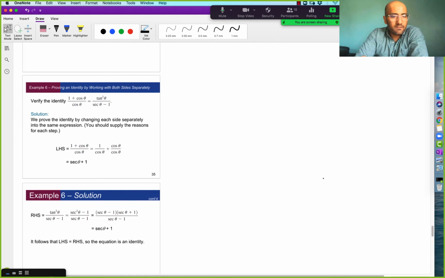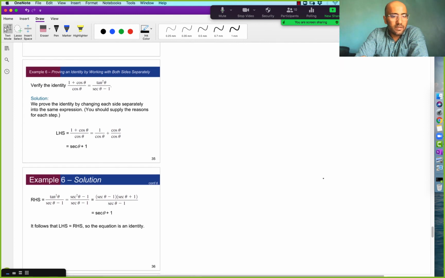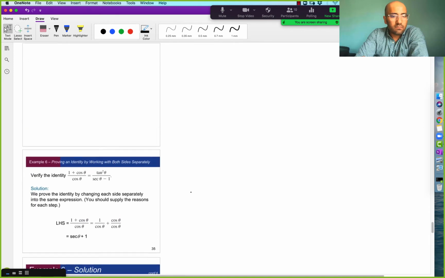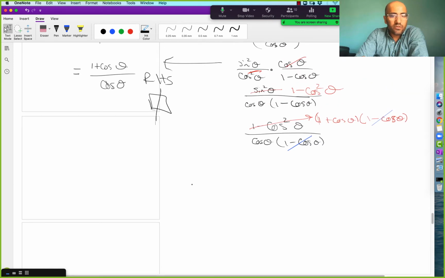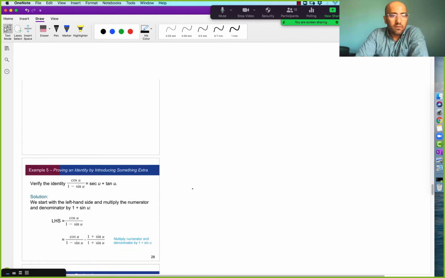Left-hand side, they separated into that. Right-hand side. Oh, look at that, there's an easier way to do it. That's what's great about these things. There's always more than one way to do it. They use the tangent squared identity, of course, and then that simplifies much easier. Right, so let's go back up here.